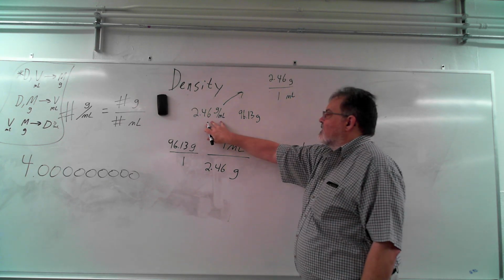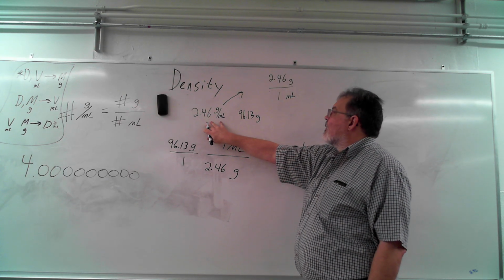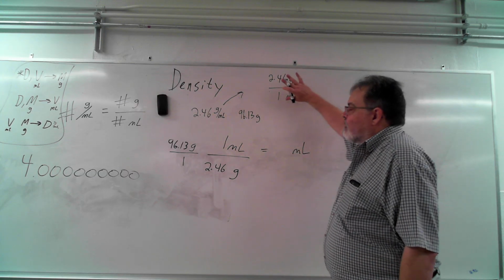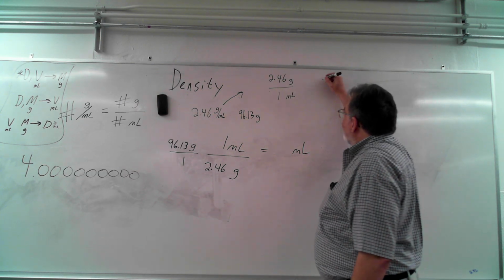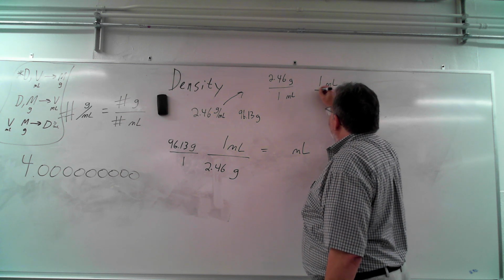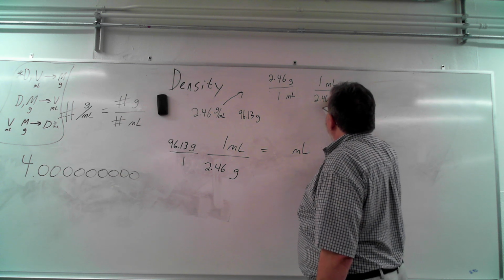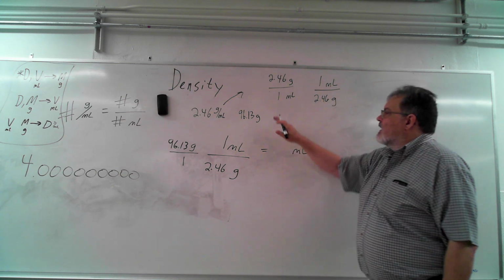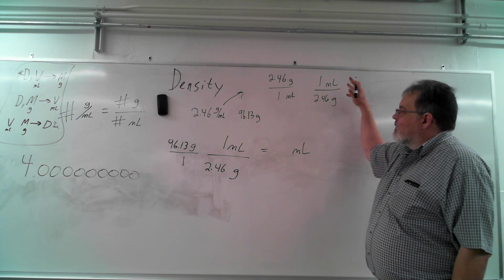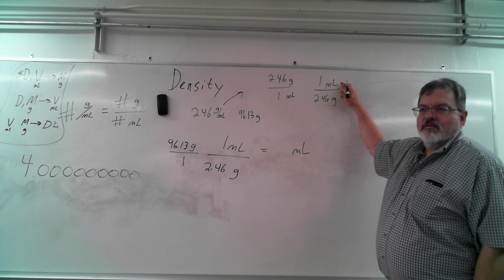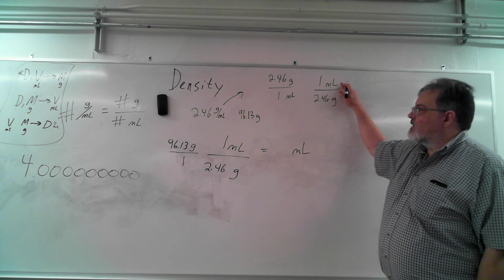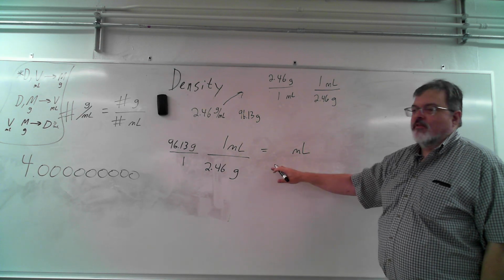Allow yourself to realize that's what that is saying and write it that way. But you might use it flipped over. It just depends on the problem. If I flip it over, I take the units with it. So you'll either use it like that, or you'll use it like this flipped over. It doesn't change anything about it. You just use whichever way is going to solve the problem for you.